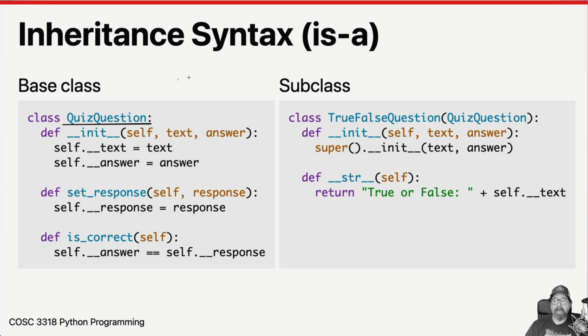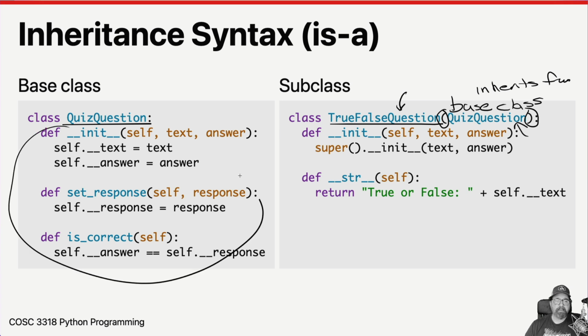Once we have that, we can take our true-false question and we add parentheses here and we say, these are the base classes. This is the base class. This is the inherits from class. So true-false question inherits from quiz question, which means that all of the stuff that's over here is like copied over into this one when we create it.